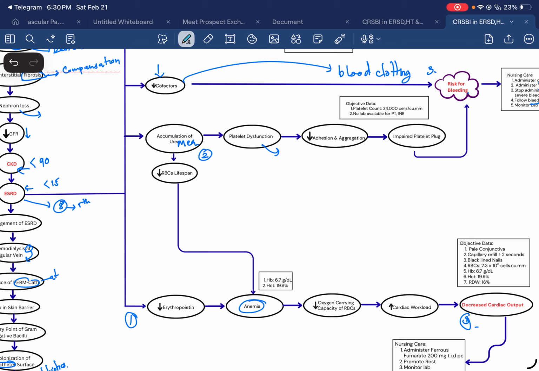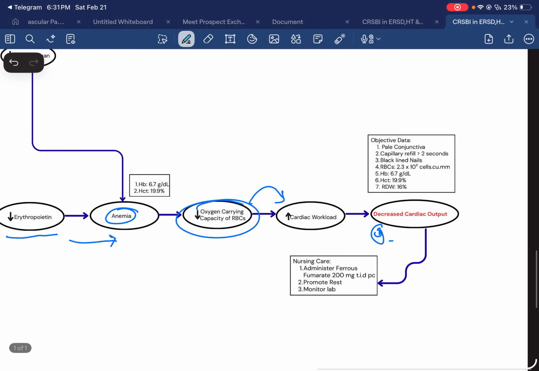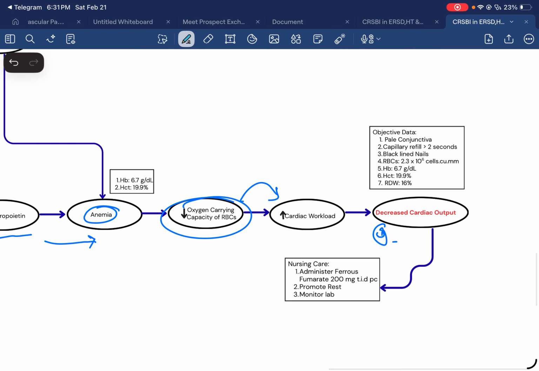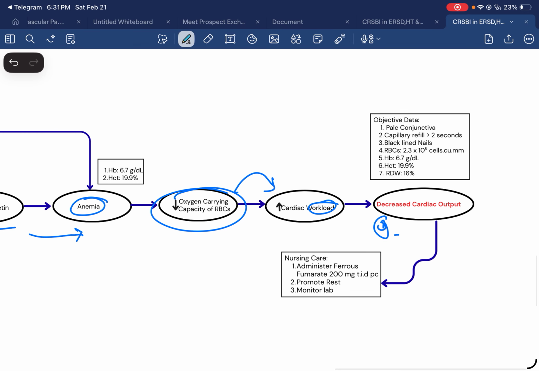And the kidney is responsible for production of erythropoietin, so when there is a decrease, it leads to anemia. In anemia, there is decrease in oxygen carrying capacity of RBCs, so there is increase in cardiac workload, and the patient will have decreased cardiac output.